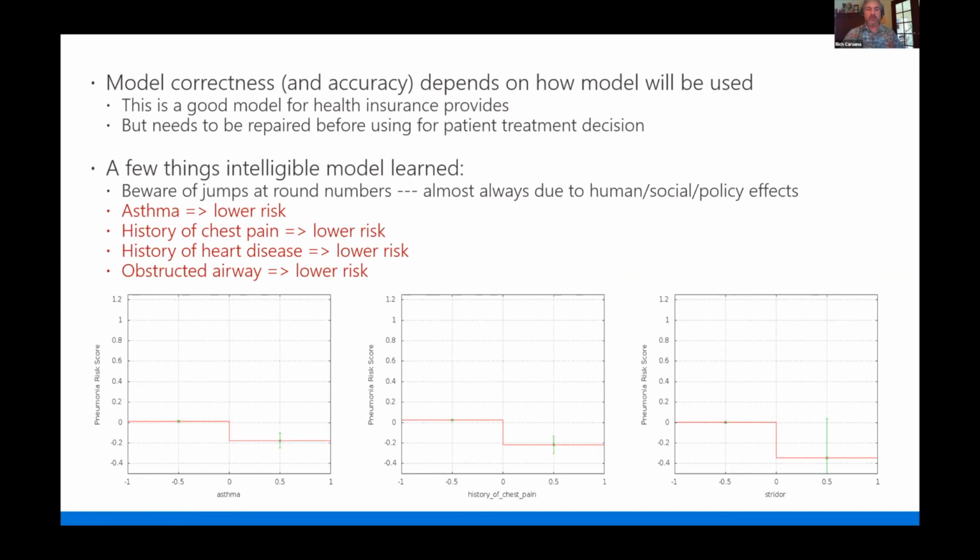Okay, now, it's an additive model. And it now predicts that a person who's 105, who has a history of asthma, history of chest pain, history of heart disease, who now has an obstructive lung way, is actually very low risk. We probably don't want the model to do that. So what are we going to do to fix this? Well, one of the things we can do is make all these effects go away by zeroing out the graphs, just drawing them as a zero.